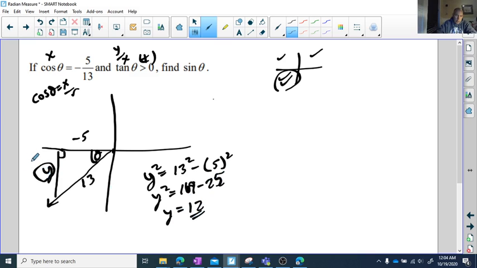So this side is 12. Now I always get students to look at this and say, well, what kind of y's are down here? Negatives. So put a negative on that number. And the sine of theta, you read it off of this triangle, the sine of theta is -12, because that's the y, over the r, which is 13.